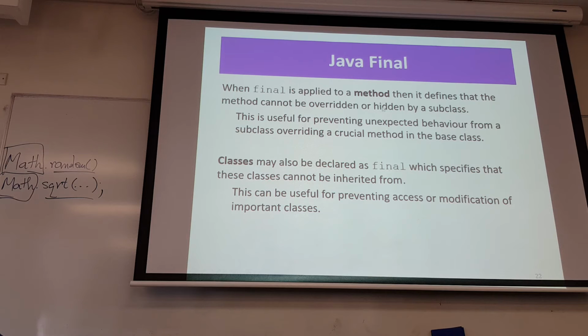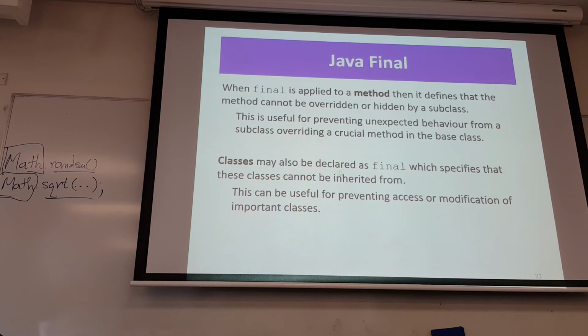So, you can apply final to a method. It can't be overridden in a derived class. We will talk about inheritance soon. And this has good use. Unexpected behavior in a subclass shouldn't be allowed in some cases.